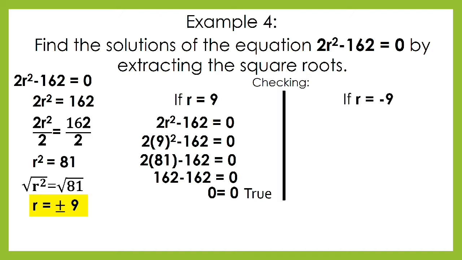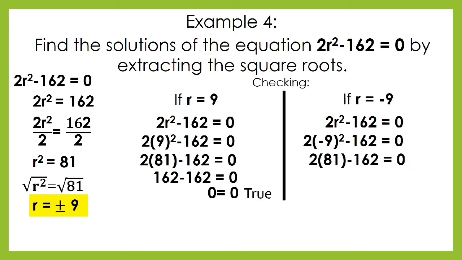The next solution or root is negative 9. Substitute to the original equation, 2r squared minus 162 equals 0. We now have 2 times square of negative 9 minus 162 equals 0.